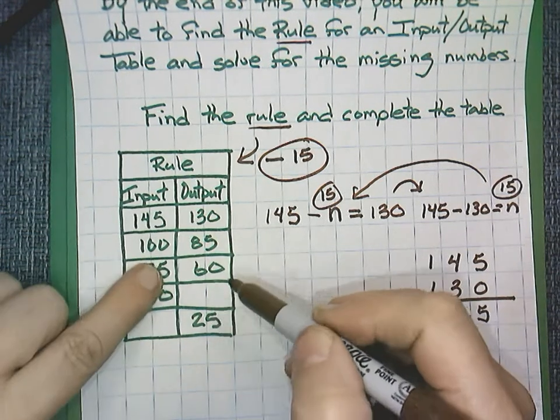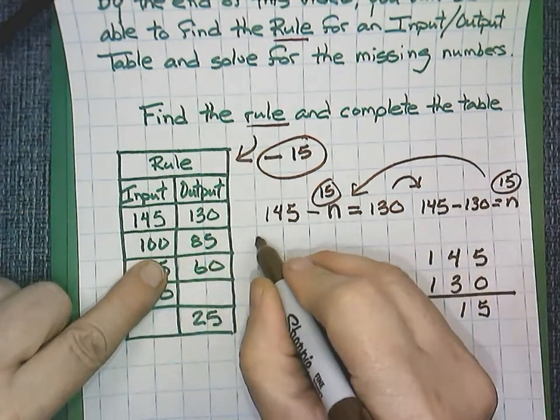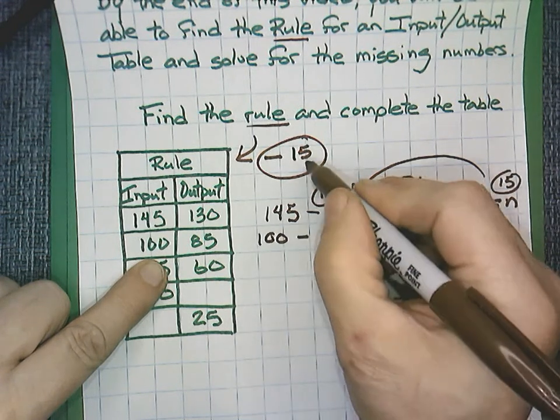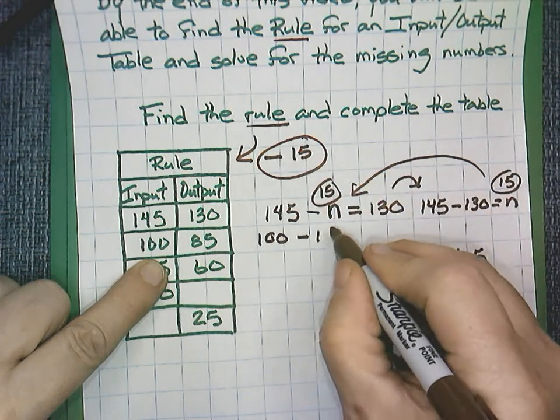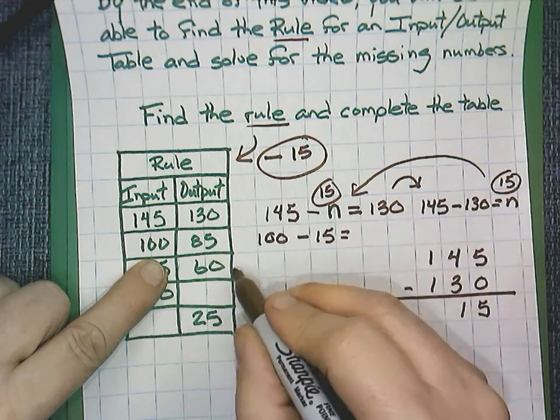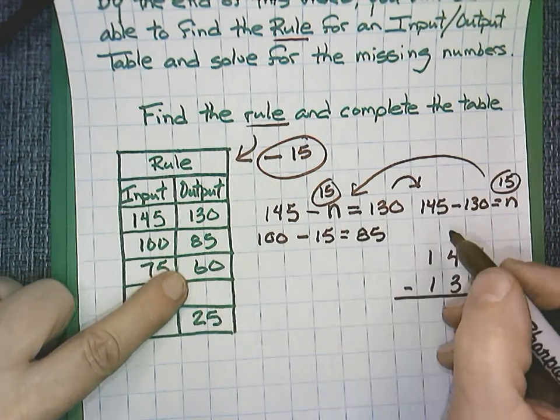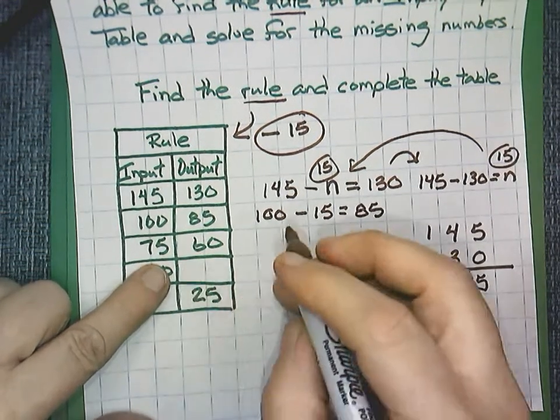Now we can use this rule to complete the rest of the table. I'm just going to check here. 100 minus the 15, which is the rule we said, I do know that equals 85. I'm not going to belabor subtraction too much right now. And same thing here.